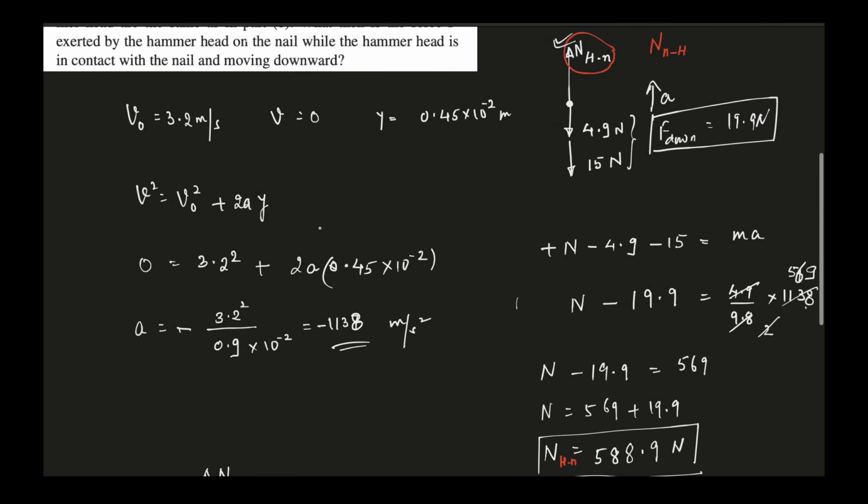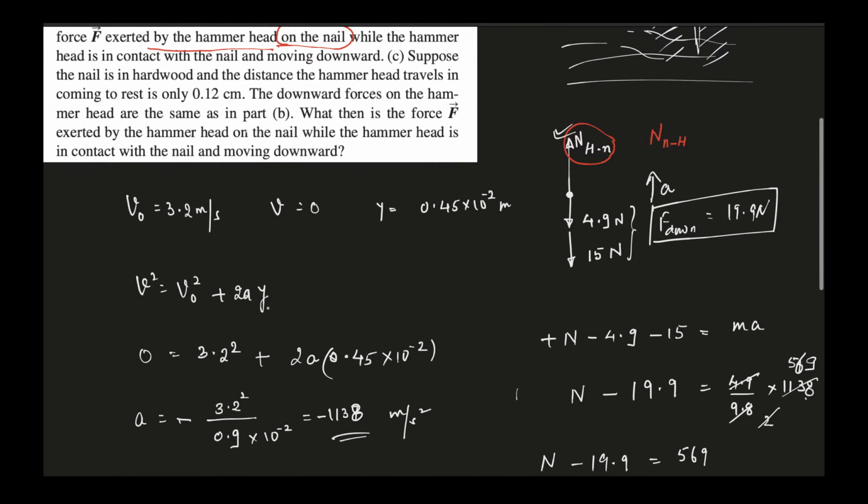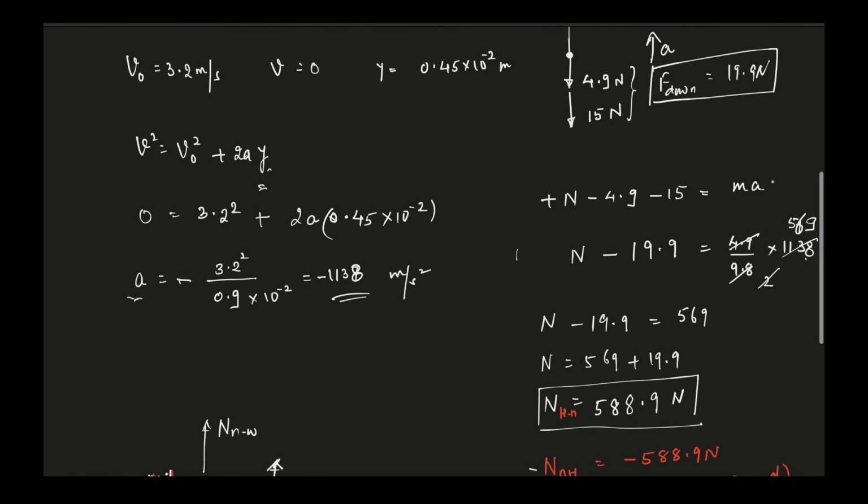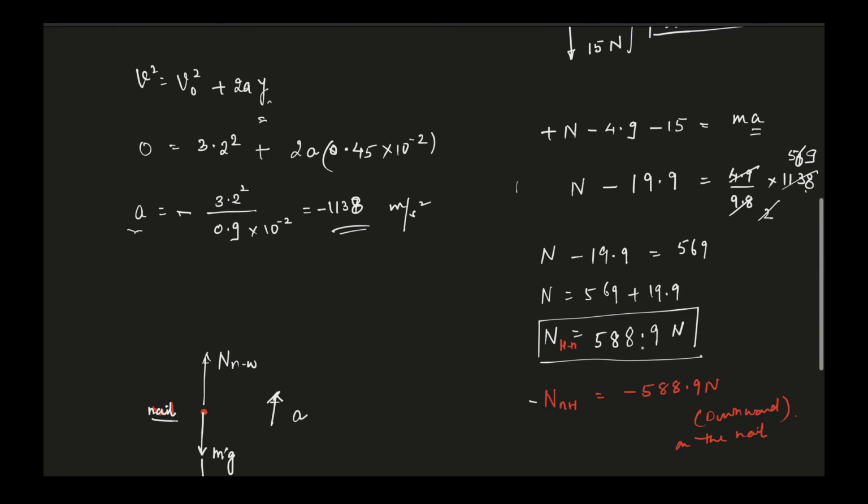If the wood is a hard wood, then this distance will reduce, therefore acceleration will increase. As the acceleration increases, your normal reaction will also increase. You will get a larger number.